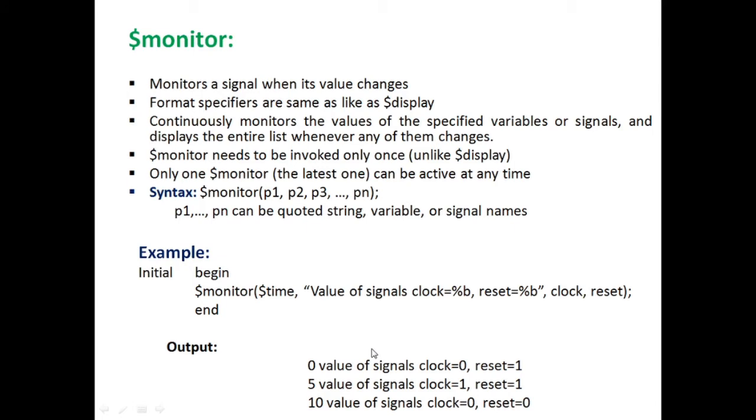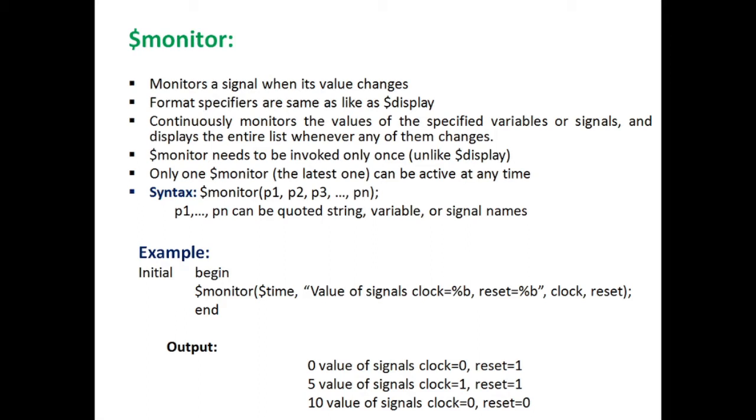The specialty of $monitor compared to $display is that I need to use $display many times, but if I use the $monitor system task, for example I would like to do addition for a and b. Now a equal to 5, b equal to 2, next a equal to 6, b equal to 1, next a equal to 4, b equal to 7. So I am changing the signal values here.